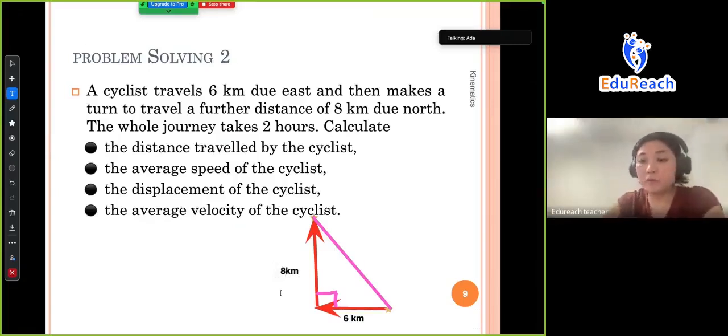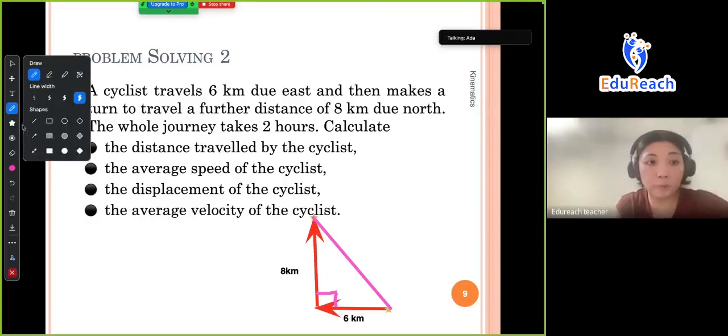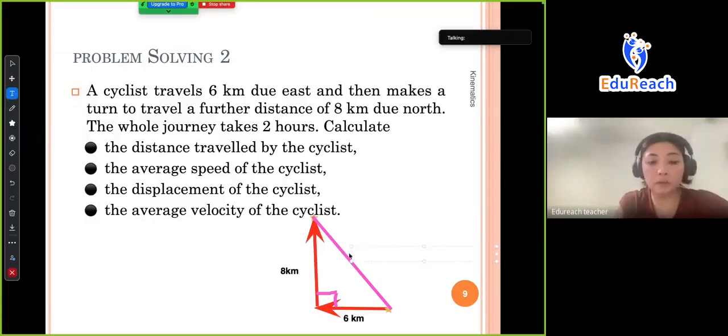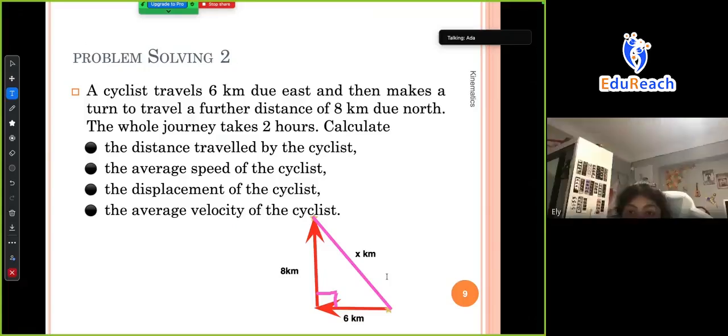A bit of a maths application. 6 square plus 8 square is equal to this unknown displacement, which I'm going to label x km. Can you help to calculate for me, please? 6 square plus 8 square, what is that equal to? The answer is 10 km.